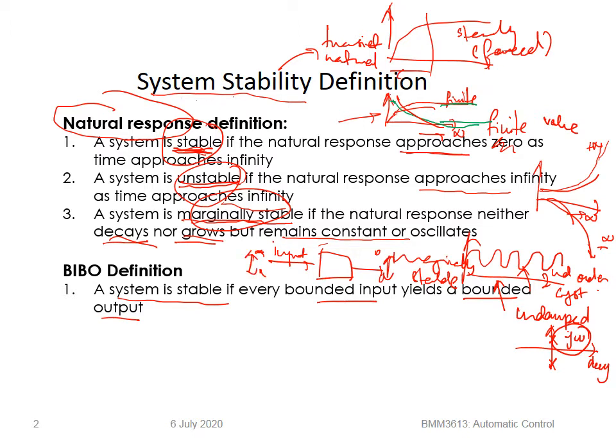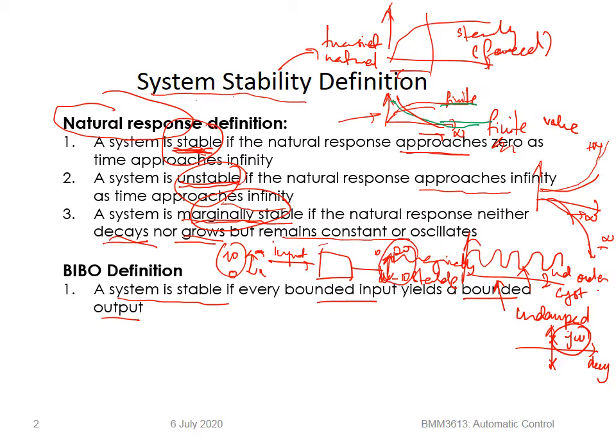Imagine if you vary the input from a value of 0 to 10, your output will also be limited between a certain value, I don't know, probably minus 10 to 20, but at least limited, right? A bounded input will have as consequence a bounded output as well.